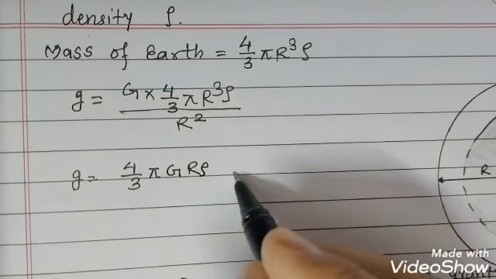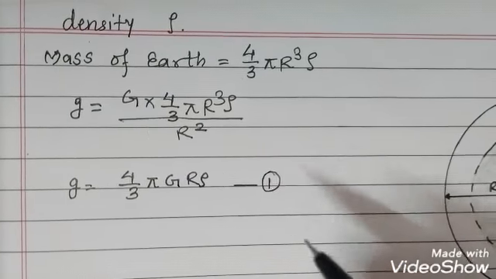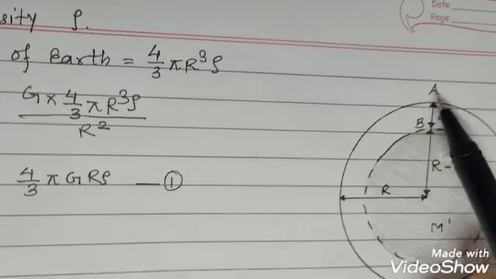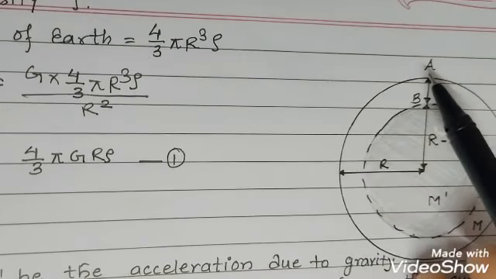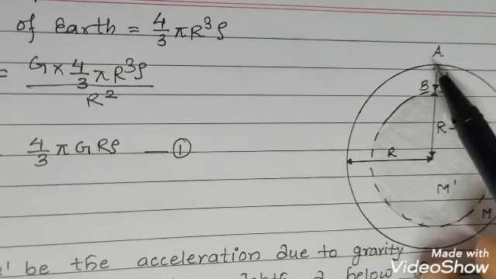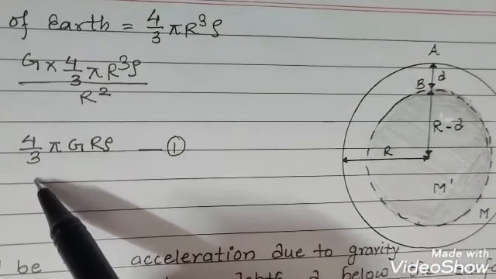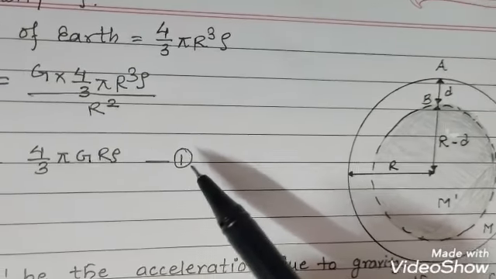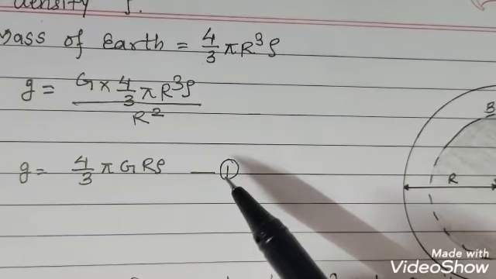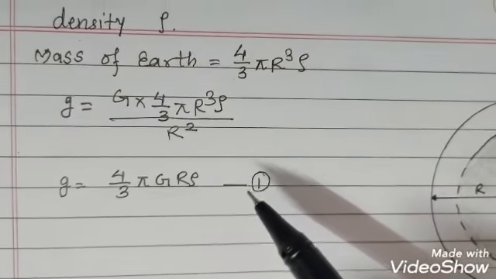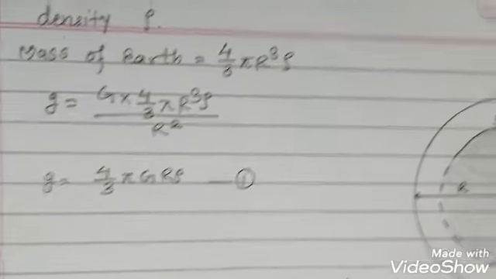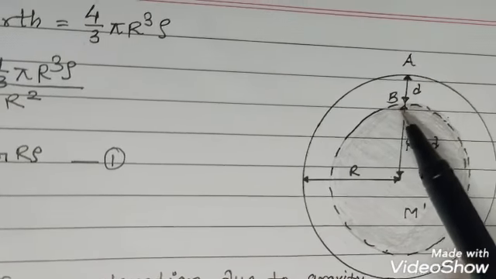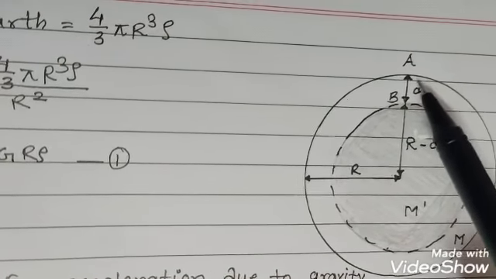So this is equation 1. That means the acceleration due to gravity at point A, or on the surface of Earth, is equal to 4 upon 3 pi G r rho. Okay, this is equation 1. Now we will see, suppose the object is shifted to point B, that is depth d.